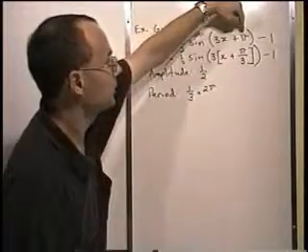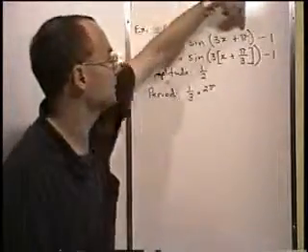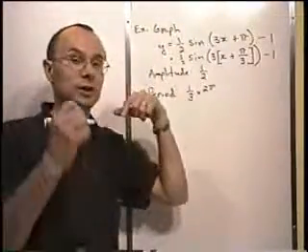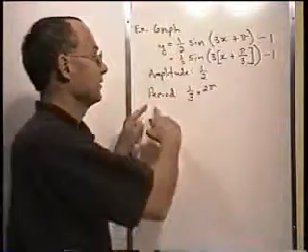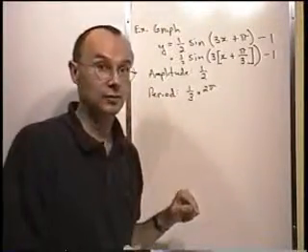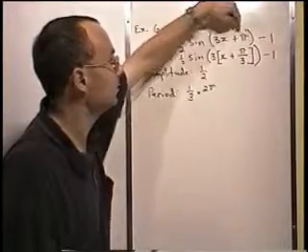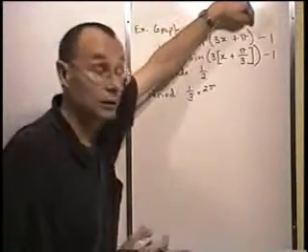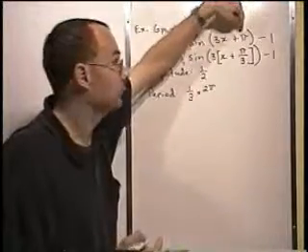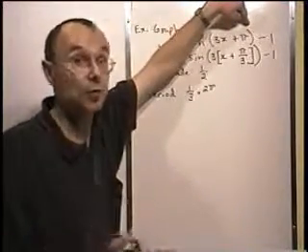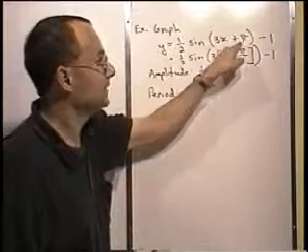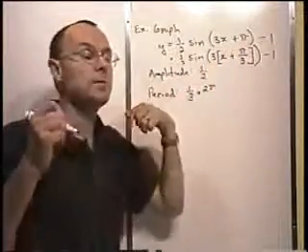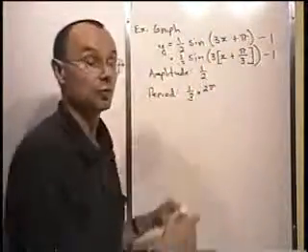Because up here there was a pi in the equation, and that's pretty much the indicator that we want to be working in radians. If I had seen something like 3x plus 90, with a little degree symbol, that would have told me to work in degrees. But seeing something with a pi is very much the green light to work in radians.